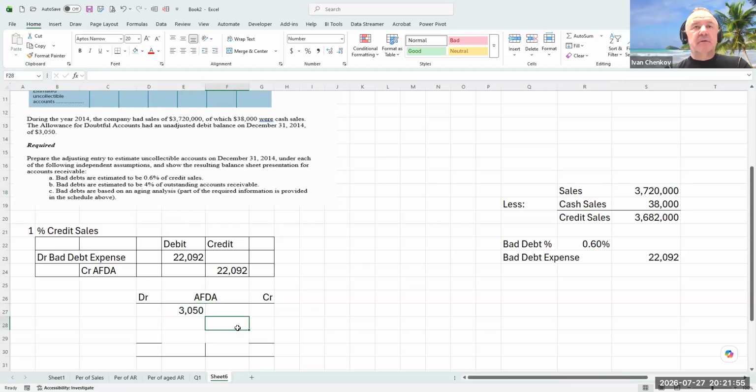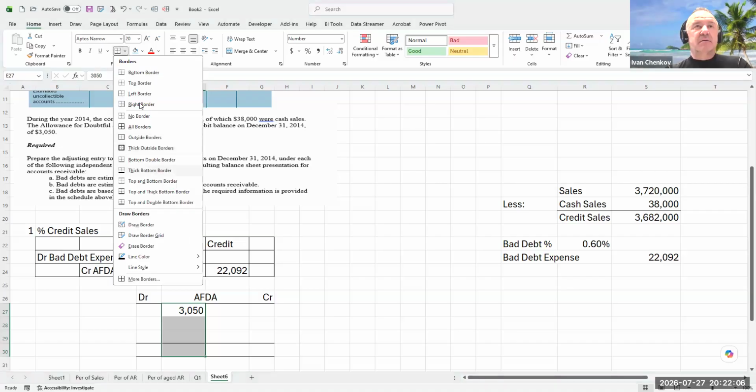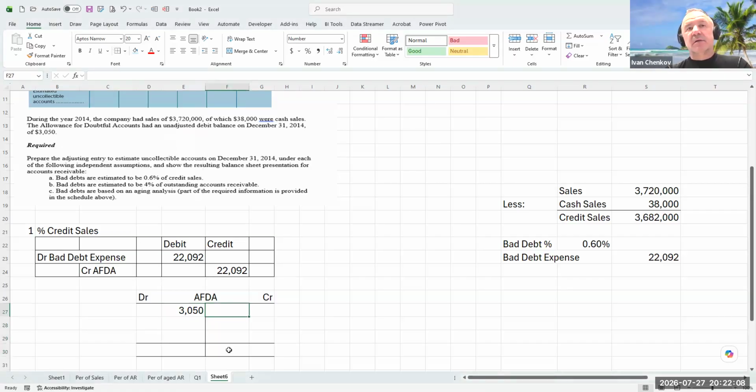This account has a debit balance. Remember, though, it has to finish with a credit balance. Whatever the starting point is, it has to finish with the credit balance, so the ending balance probably is going to end up with credit, but we're going to see where it's going to be.